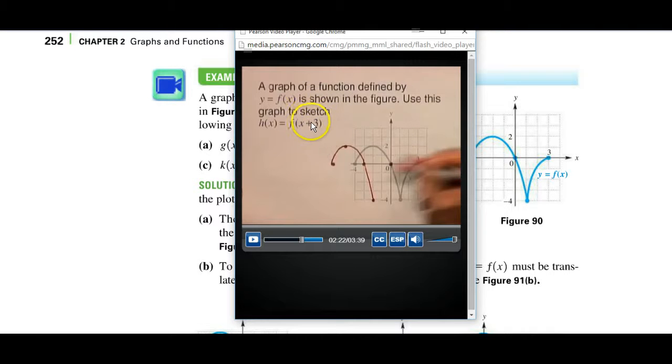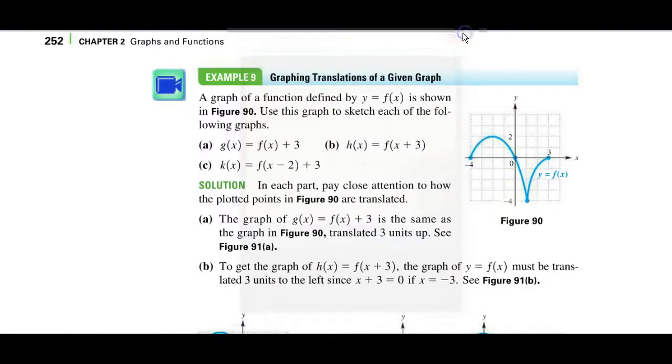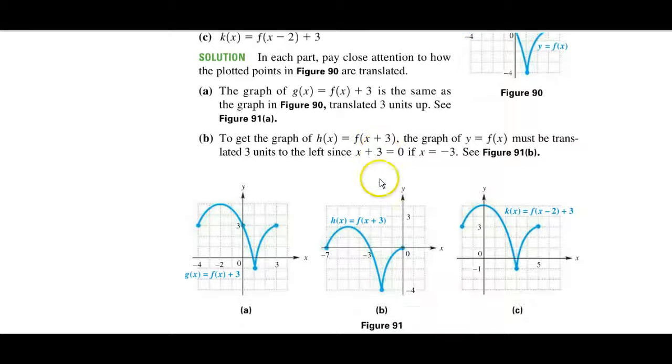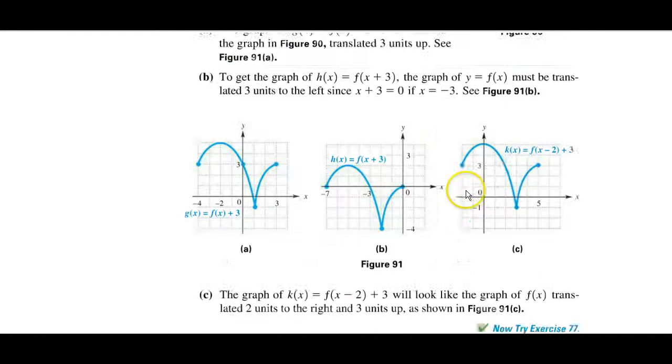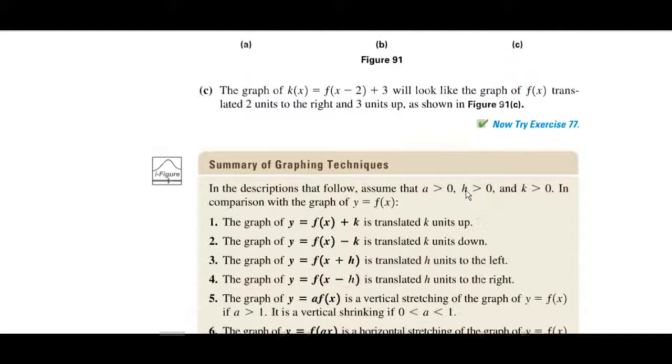This is a horizontal translation, a shifting. So there was our origin. We're going to shift it 3 units, opposite sign, to a -3. Okay, well, we're going to close this now. And I think this shows what we've just illustrated here.